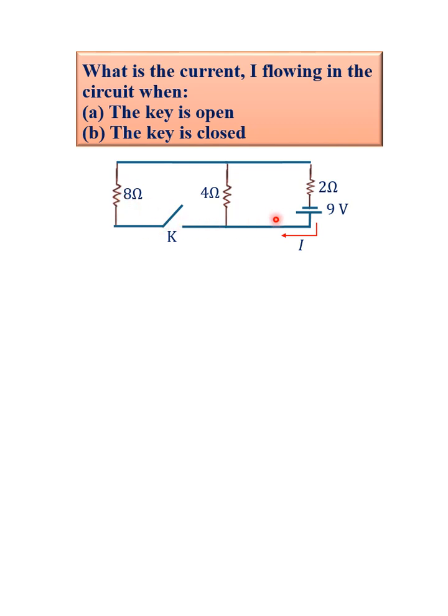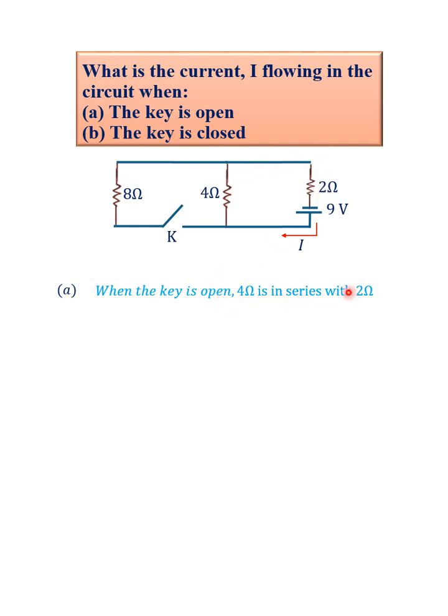The current flows through the 4 ohm resistor and the same current flows through the 2 ohms resistor. It therefore means that these 4 and 2 ohm resistors are in series. So for part A, when the key is open, 4 ohms is in series with 2 ohms.